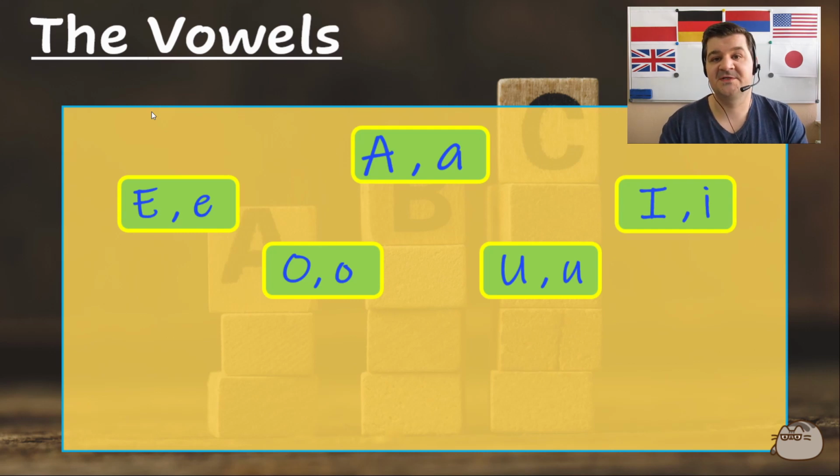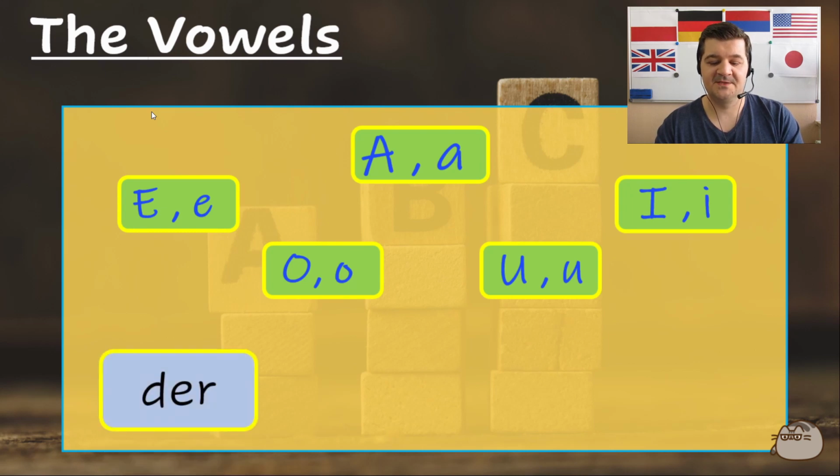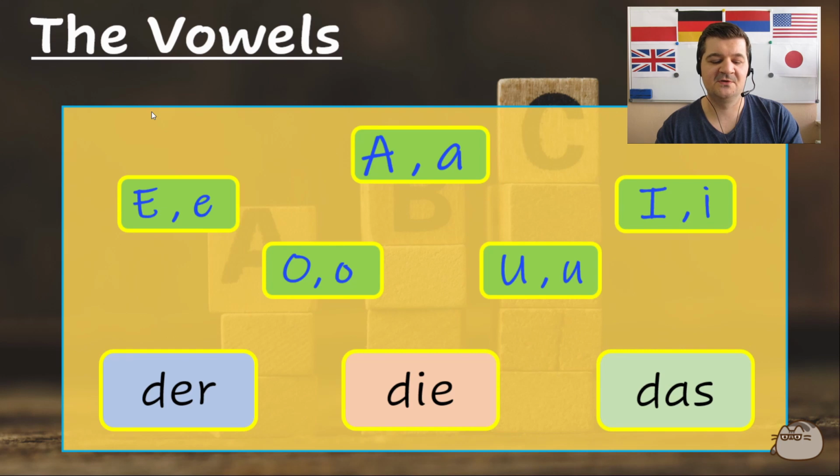So the 3 basic articles for the genders in singular mode are der, die, and das. So male, female, and the last one neutral.